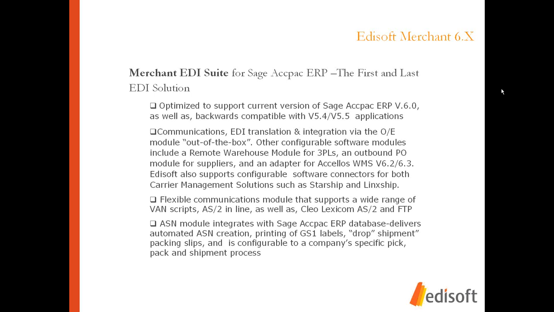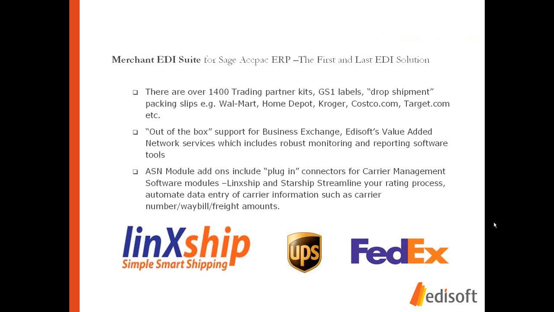Next slide, please. Furthermore, Edisoft currently supports over 1,400 trading partner kits, GS1 labels, and drop shipment packing slips for retail companies such as Walmart, Home Depot, Kroger, Costco.com, and Target.com, as well as many others.